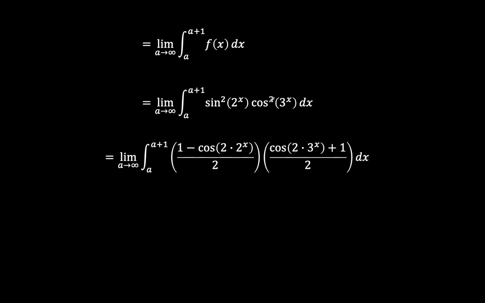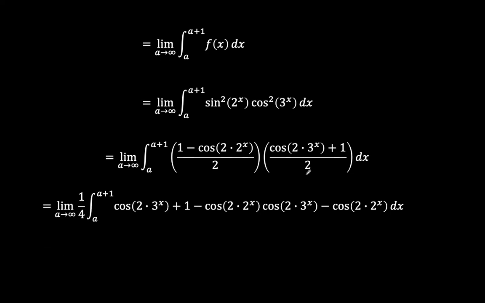Cosine squared 3 to the power x is the same as (cosine of 2 times 3 to the power x plus 1) over 2. Now, when you multiply that, we get a quarter times (cosine of 2 times 2 to the power x times cosine of 2 times 3 to the power x, plus 1, minus cosine of 2 times 3 to the power x, minus cosine of 2 times 2 to the power x).